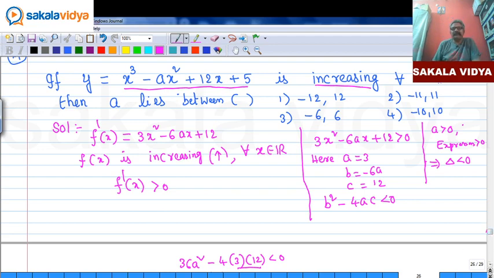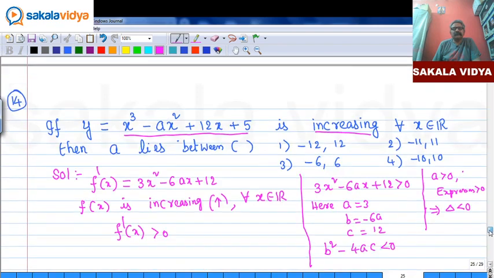Here the derivative of x square is 2x, so 2ax, and b will be minus 2a times 3, that is minus 6a.